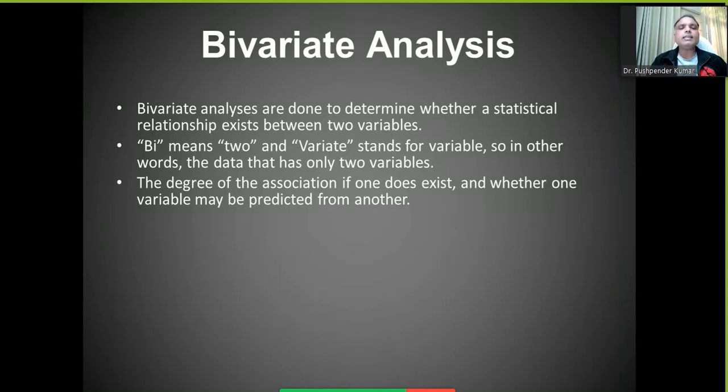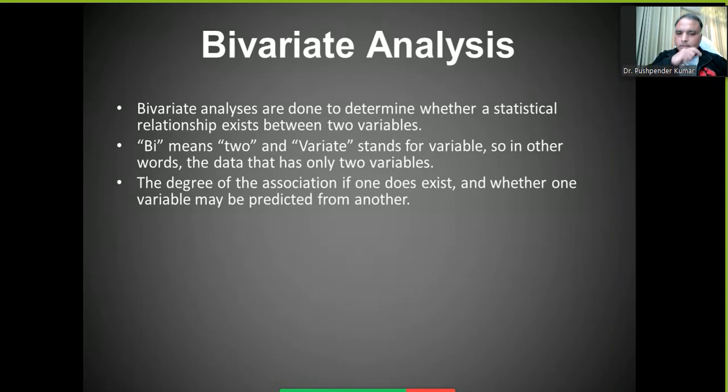So statistically we check that are these two variables associated with each other, or if they are associated, then are they going to affect each other, or is one going to affect the other, right? I hope you remember we discussed the example of smoking and securing grades in a class, in a study. Both are kind of variables, right?